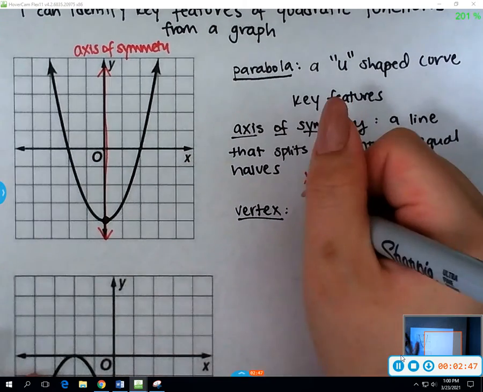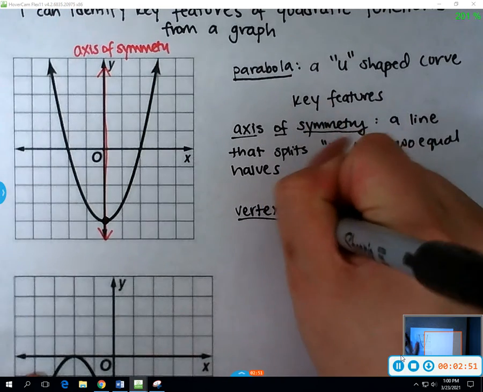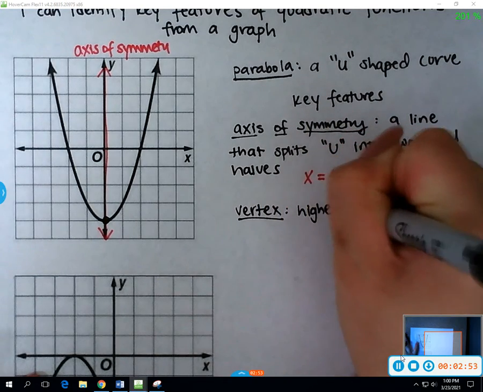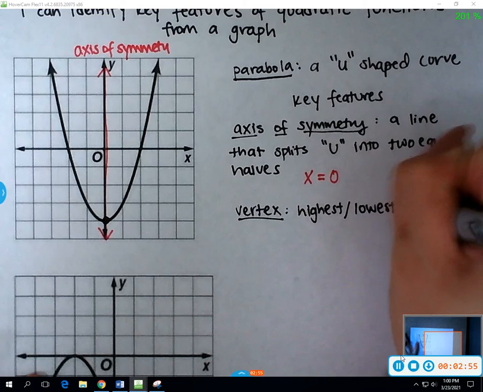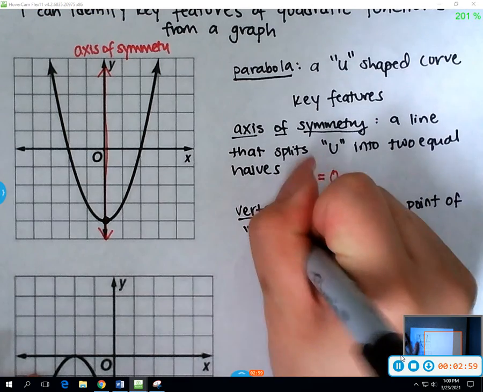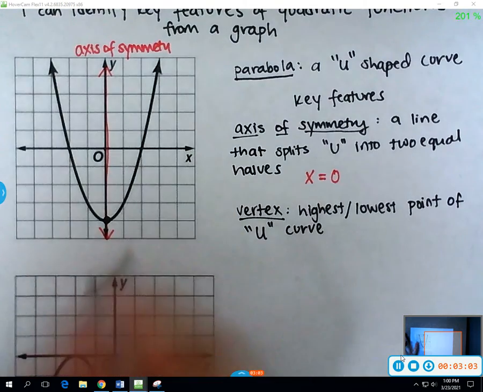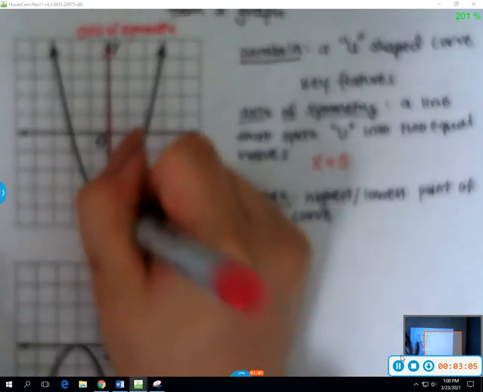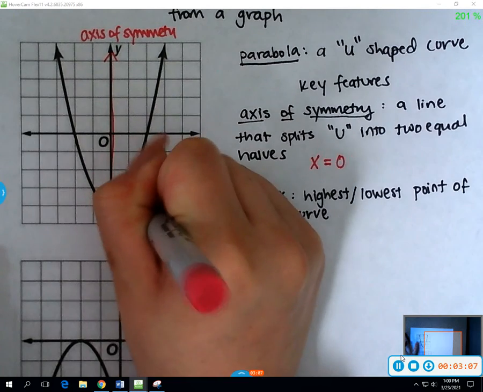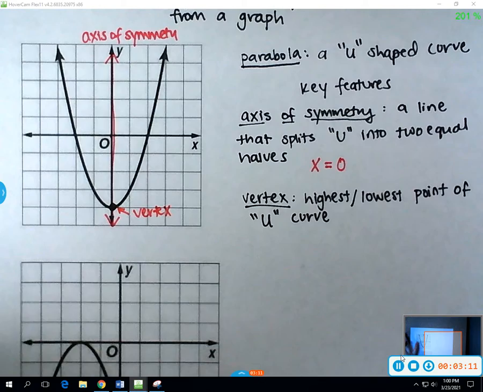So the vertex is either the highest or lowest point of the U curve. And for this example right here, our vertex is located right here. The axis of symmetry is always going to run through the vertex.